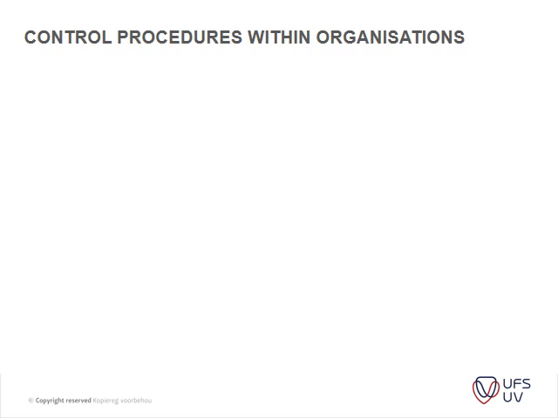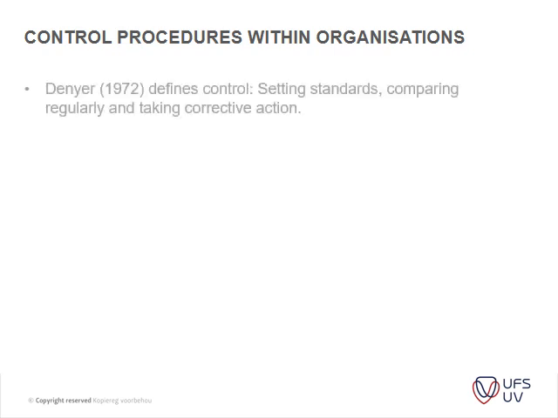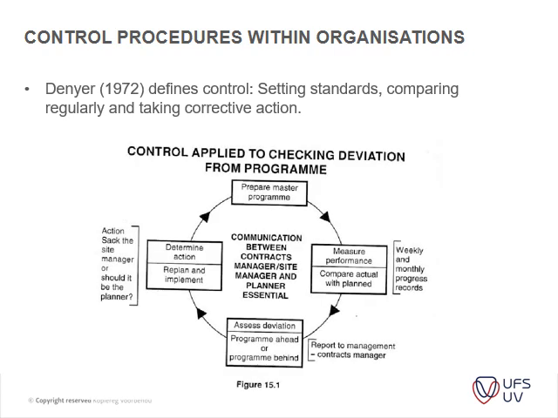And then control procedures within organizations differ, but Denier in 1972 defined it as following: setting standards, comparing regularly, and taking effective action. So we've done all the planning, now we've got a plan, now we monitor our progress against this plan.